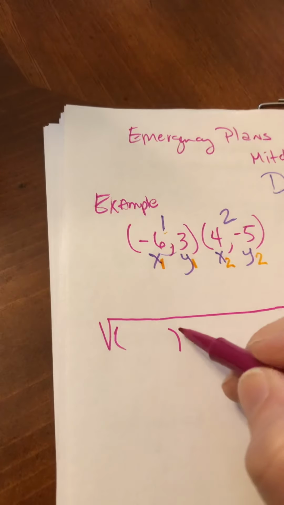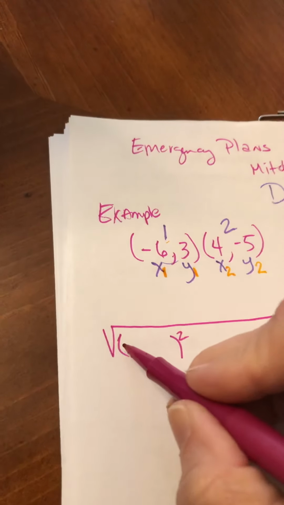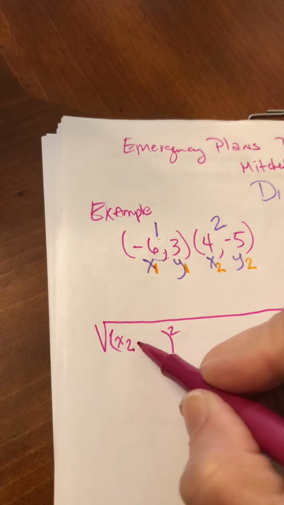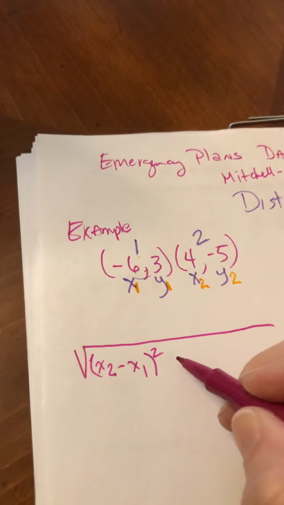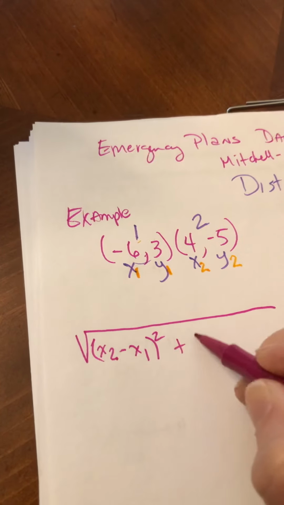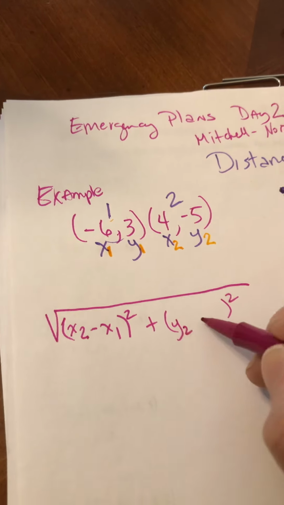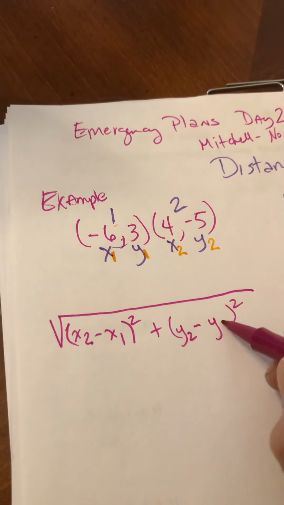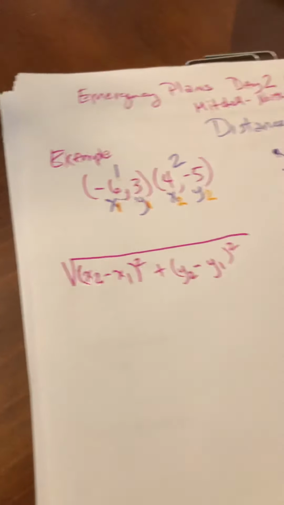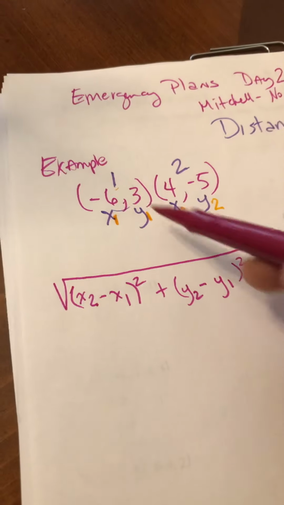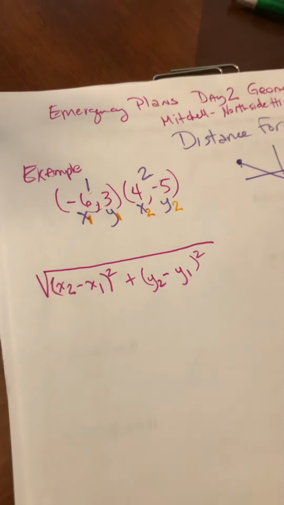It's the difference of the x's, so it's x sub 2 minus x sub 1, the difference of the two x coordinates, squared, plus the difference of the y's, y sub 2 minus y sub 1, squared. All right, so now we are going to just plug these in down here and watch it happen. Are you ready? Here we go.